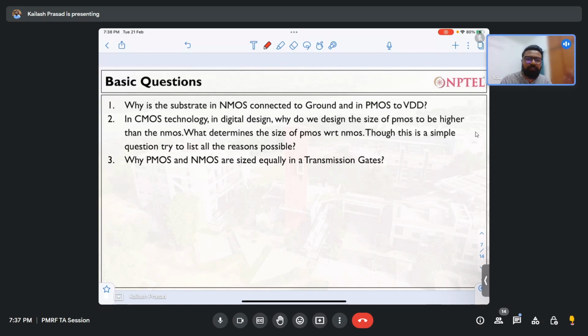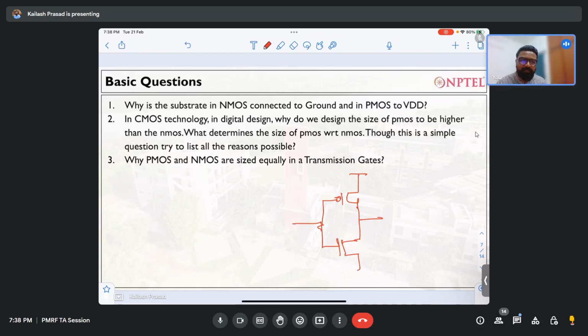The question is, why is the substrate of NMOS connected to ground, and in PMOS it is connected to VDD? Whenever I design a transistor or inverter like this, I'm not defining the substrate here.